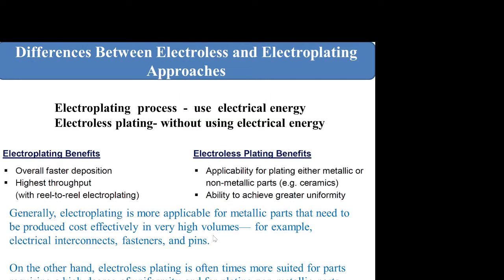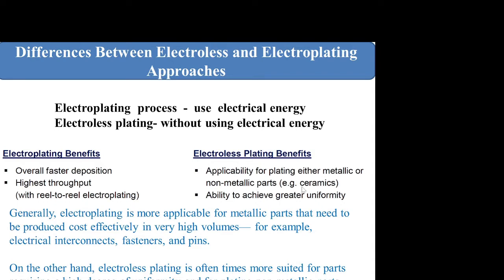Let us see the difference between electroplating and electroless plating. Electroplating uses electrical energy, whereas electroless plating is done without using electrical energy. Electroplating gives fast deposition and high throughput, whereas in electroless plating, we know electricity is not required. In application, metallic as well as non-metallic parts can be coated.